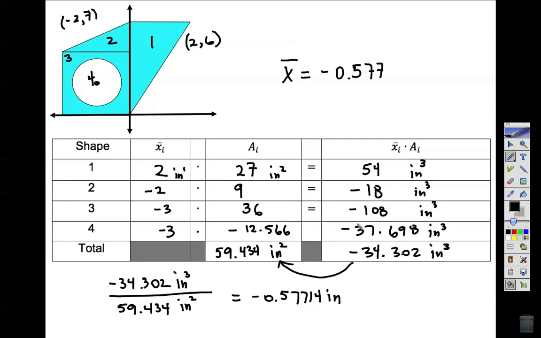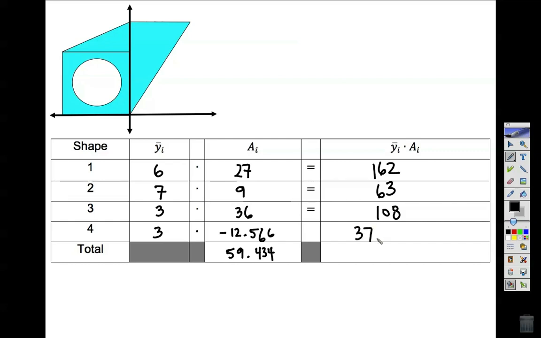That is -37.698. Positive times negative is negative. Combine all these: 162 plus 63 plus 108 plus negative 37.698. We get 295.302.